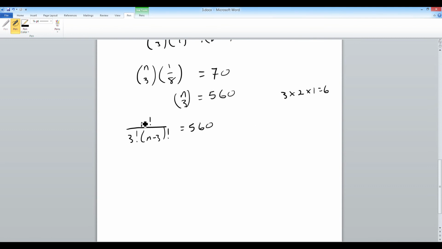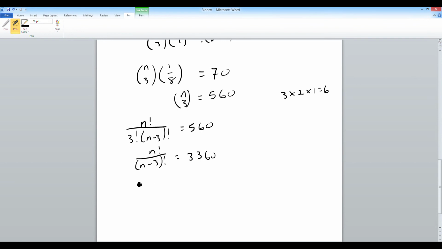So this fraction says n factorial divided by 6, but I can multiply with 6 on the opposite side, so therefore n factorial over n minus 3 factorial is equal to 560 multiplied with 3 factorial, which is 6. So 560 multiplied with 6 will give me 3,360.